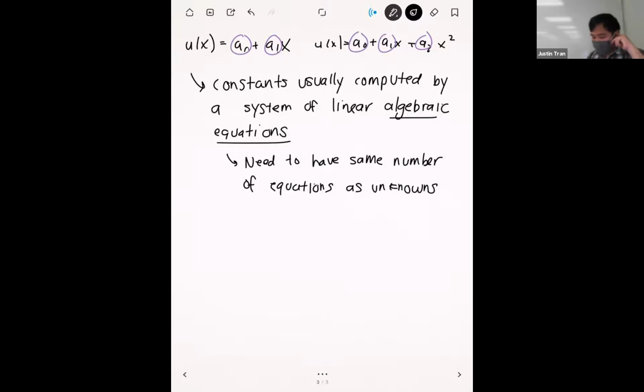And so for the linear function, you can see that we need two equations, right? Because we have two constants there, right? But for the quadratic function, we need three equations because we have three constants.